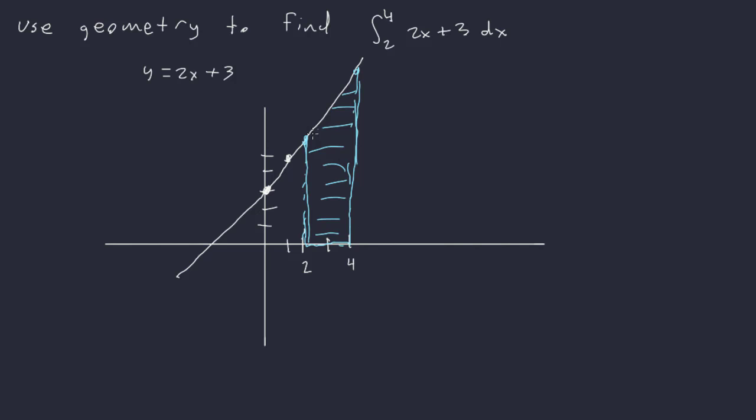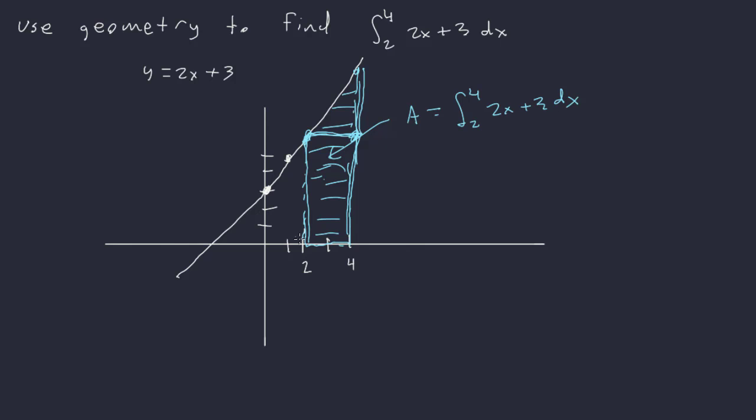Or, if you prefer, it's going to be this rectangle with a triangle on top. And so we can actually use geometry to calculate what this definite integral is going to be. So this area is actually equal to the definite integral 2 to 4 of 2x plus 3 dx.